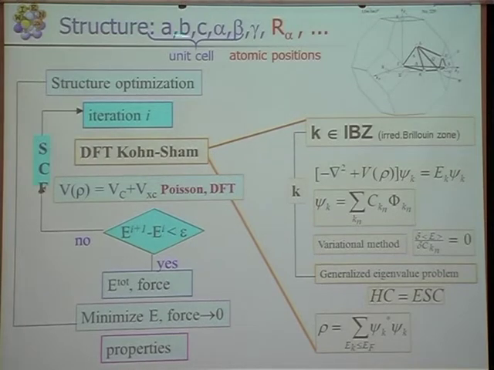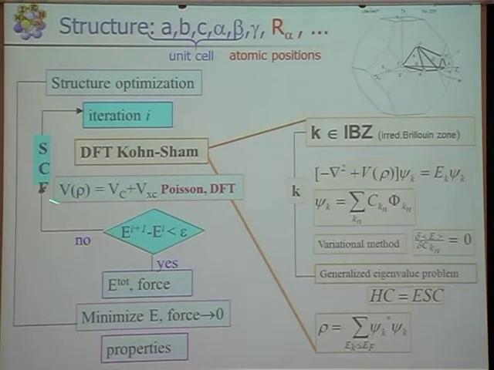You would start with some structure, a, b, c, alpha, beta, gamma, atomic positions denoted as R alpha, either from experiment or from your imagination. Okay? With this, you start your SCF cycle. In the SCF cycle, you have this loop over many k points in the Brillouin zone. Using the variational principle, you find for every k point the eigenvalues and wave functions. You get the valence charge density as a sum over all these wave functions at every k point.